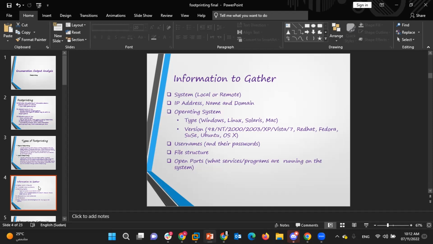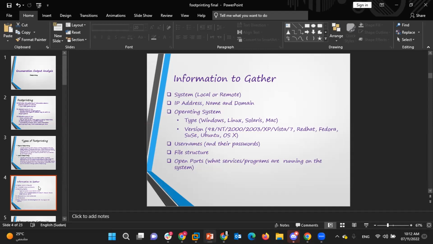So from footprinting or data gathering, the attacker needs to know about the system, whether he can attack it locally or remotely. If he is working in the same network or outside, he should get an IP, and this IP can be collected from the domain.